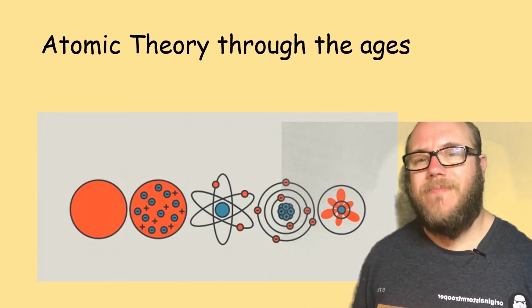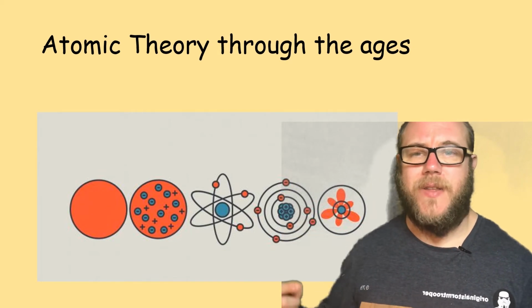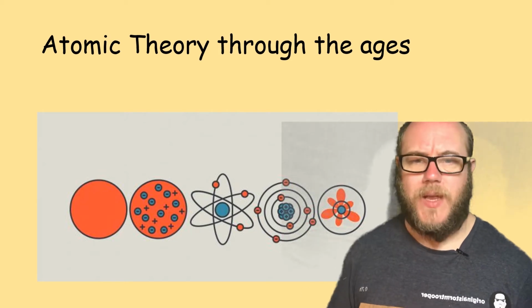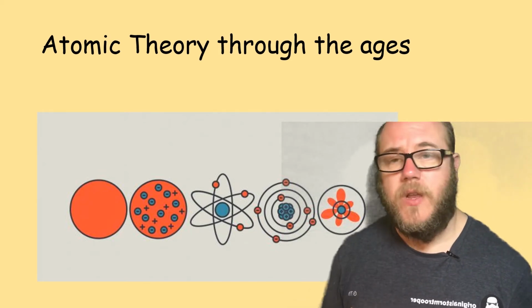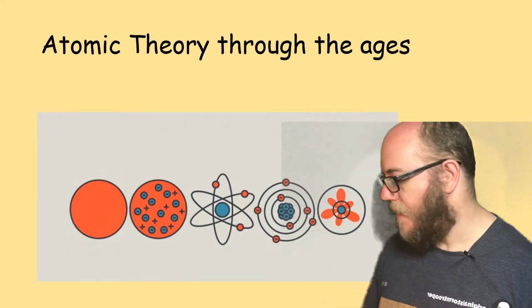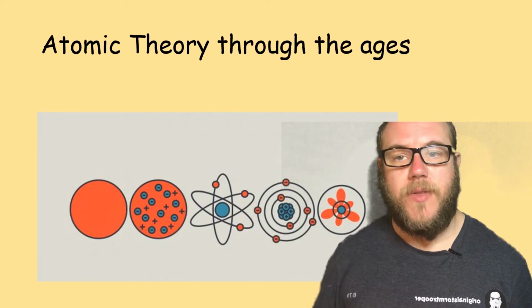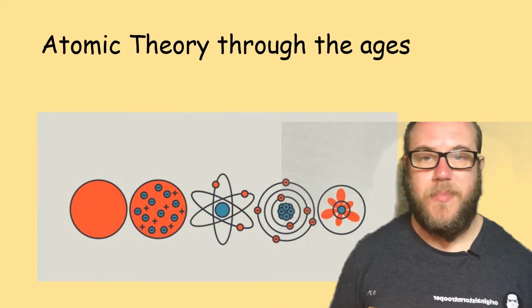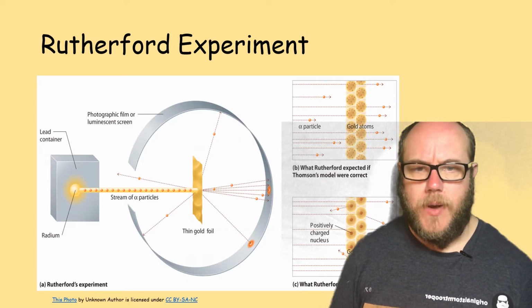And then Rutherford went, don't be silly. If I fired alpha particles at these, something else would happen. But this weird thing just happened. So it must all be empty space with a positive nucleus. We'll talk more about that in a moment. And then Niels Bohr came along, developed the atomic theory, and then Erwin Schrödinger came along and messed up everybody's life forever. So let's have a quick look then at the Rutherford experiment.